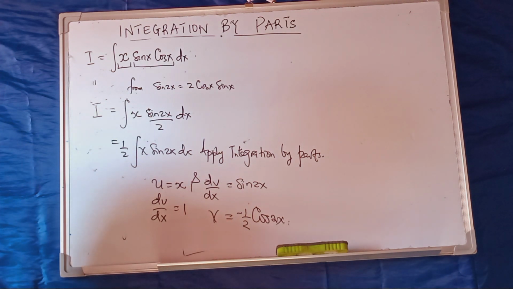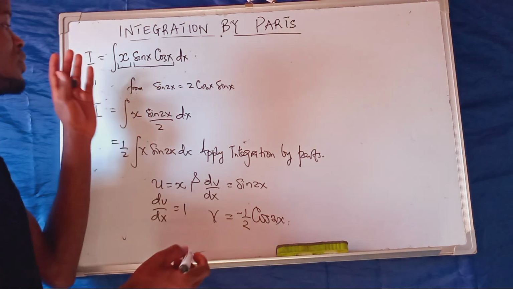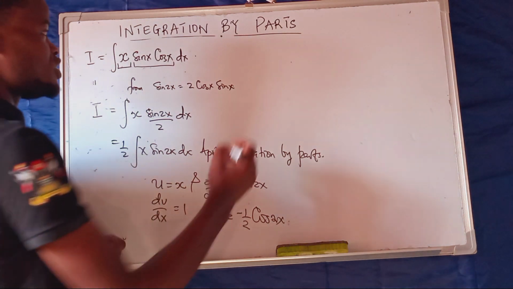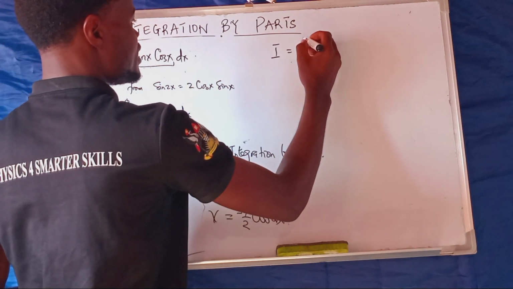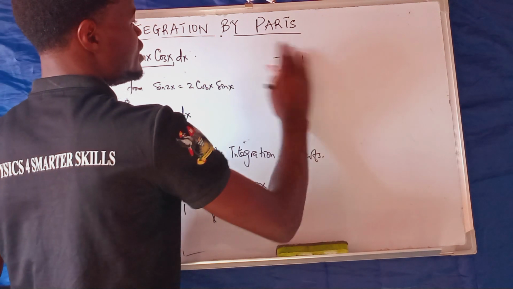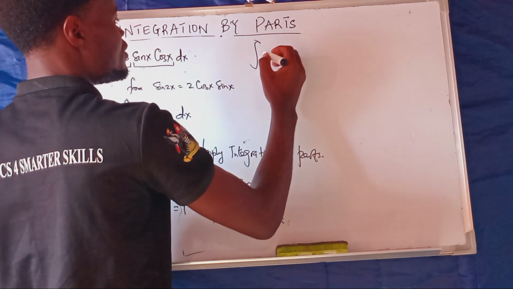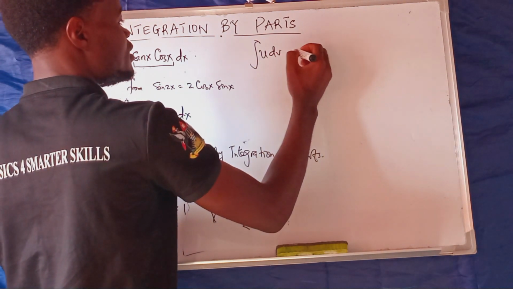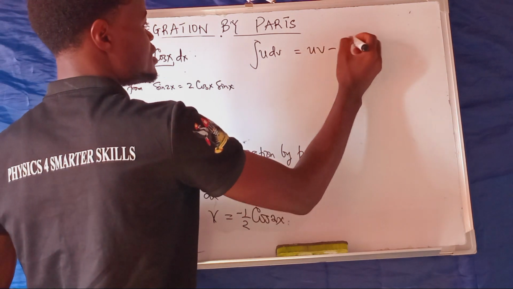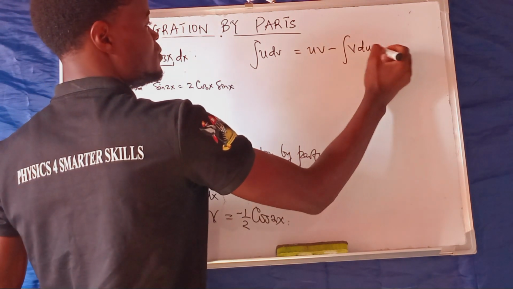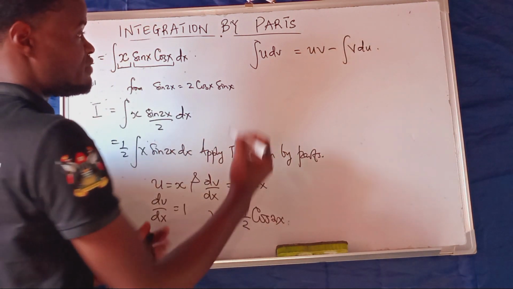So we can easily substitute in our formula we had previously. You can go back and check. So our integral, we have said that if we have the integral of u dv, it is equal to uv minus the integral of v du, we simply replace what we have got here.